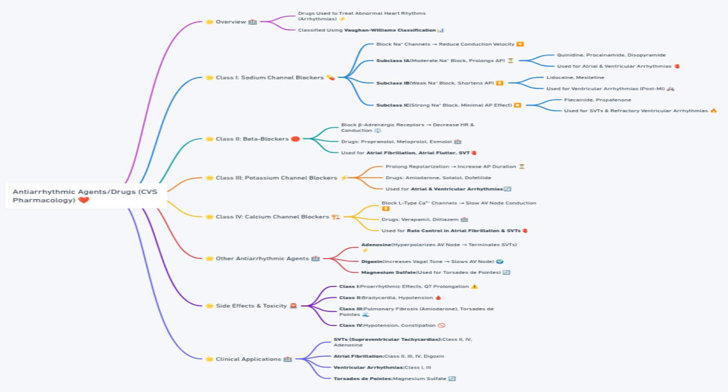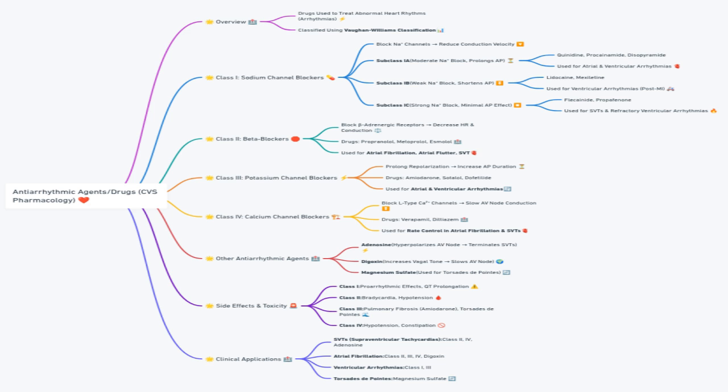Class 1B action shortens the APD in some tissues of the heart and dissociates from the channel with rapid kinetics. And class 1C action has minimal effects on the APD and dissociates from the channel with slow kinetics.